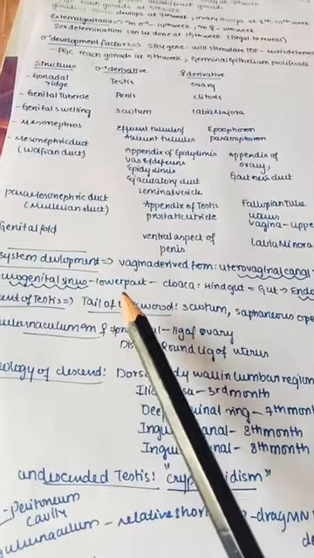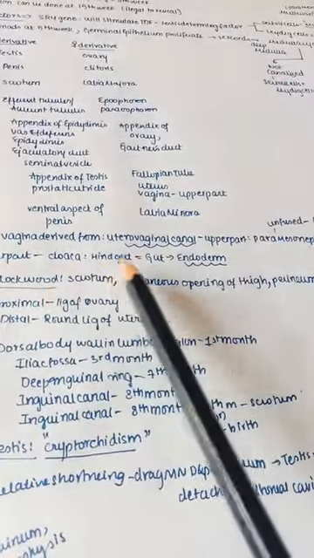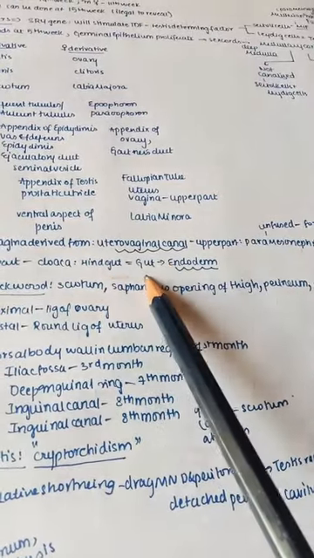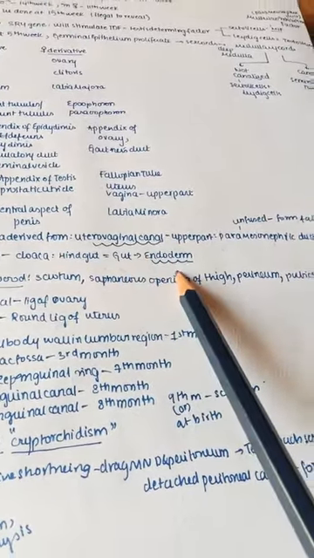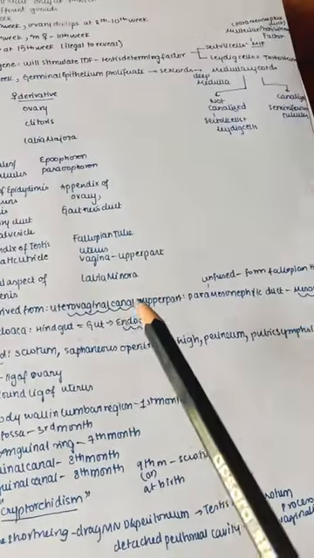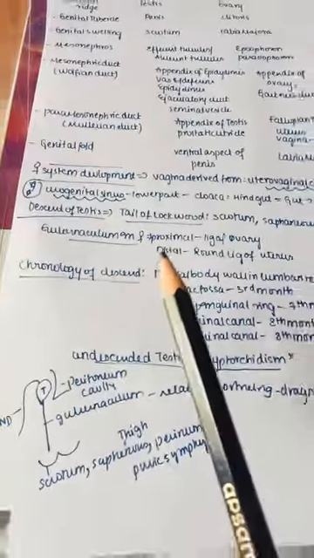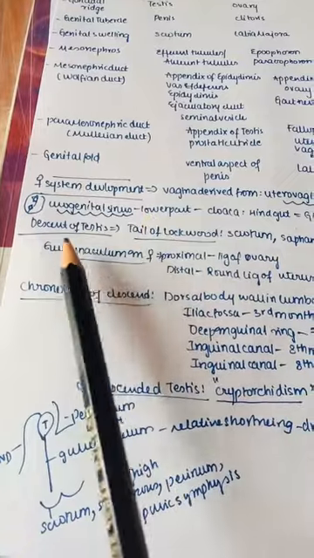The vagina also develops from the urogenital sinus in the lower part, by the cloaca. Of course, the cloaca is from the hindgut. So the hindgut is derived from the gut, and the gut is endodermal in origin. So here the main question is, the vagina is developed from the uterovaginal canal of mesodermal origin and the urogenital sinus of endodermal origin.